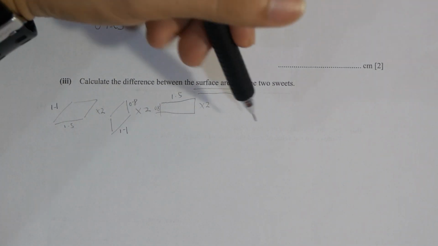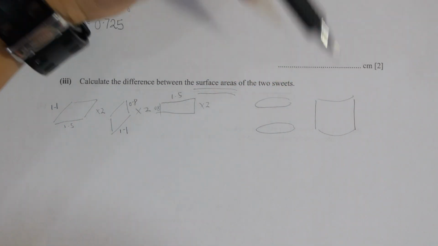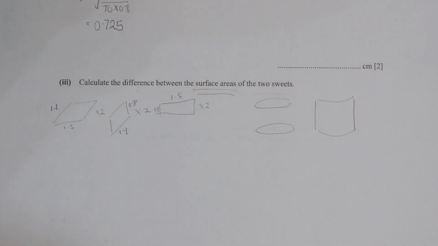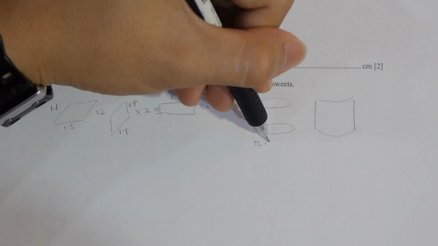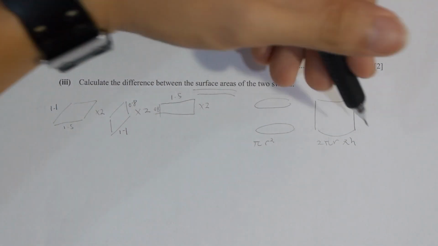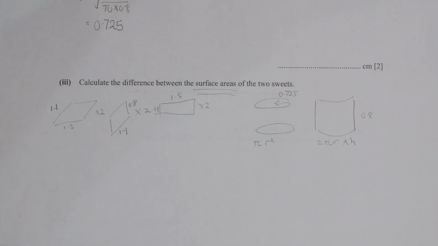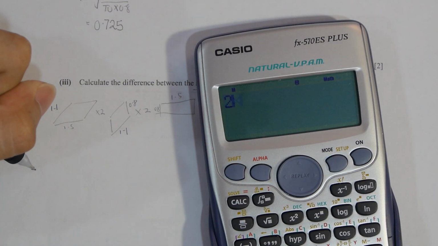My main focus here is that you are required to take note, when you calculate the surface area of a cylinder, to remember to add the top and the bottom area of the cylinder into your calculation. So simply minus them off, then you'll be able to get the answer of 0.51.